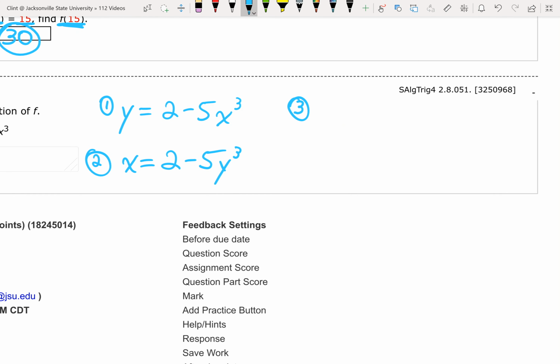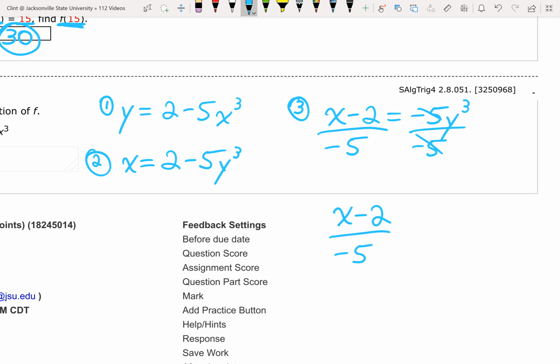Step 3, we solve for y. So I'm going to subtract 2 from both sides. It's going to give me negative 5y cubed. Then I'm going to divide both sides by negative 5. So now we're down to (x minus 2) over negative 5 equals y cubed.